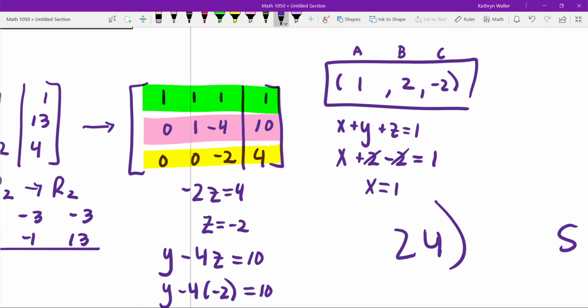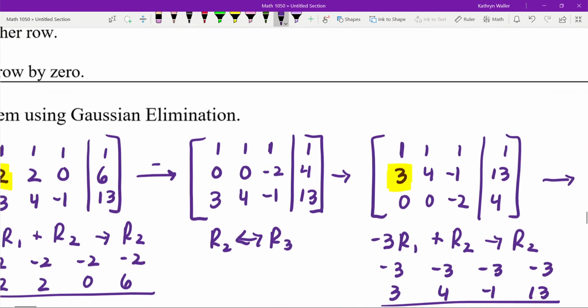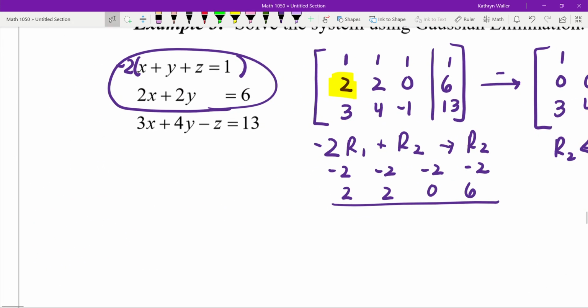Okay, then go to the original equation, and I'm going to put in the left-hand side right here, and I better get a 1. So I'm going to go A, enter, plus B, enter, plus C, enter, and I got a 1. It worked. Just because the first one works doesn't mean all of them are going to work, and they all have to work.